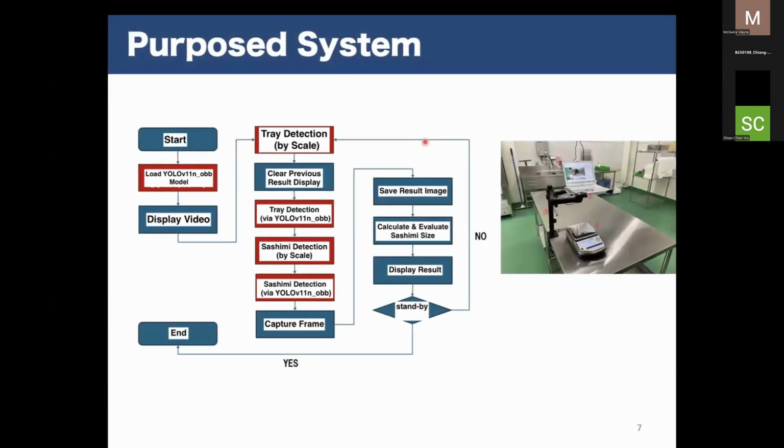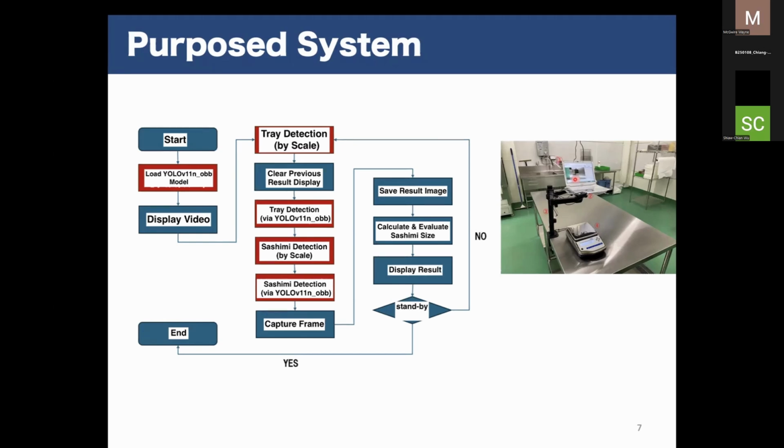So this shows our proposed system. Our system captures high-resolution images using a USB camera set up at the top of the system here. We capture the image of the tray, and then we use YOLO. In the first stage, we use the YOLO version 8 model to detect individual sashimi and raw fish slices, and then we evaluate their dimensions.